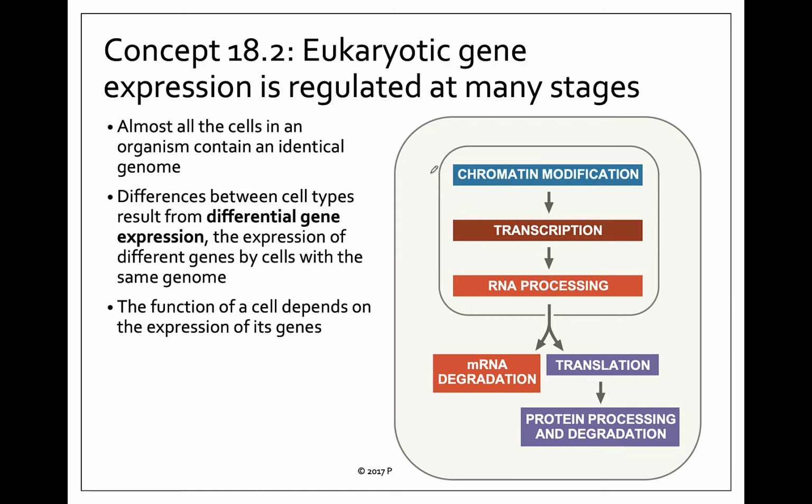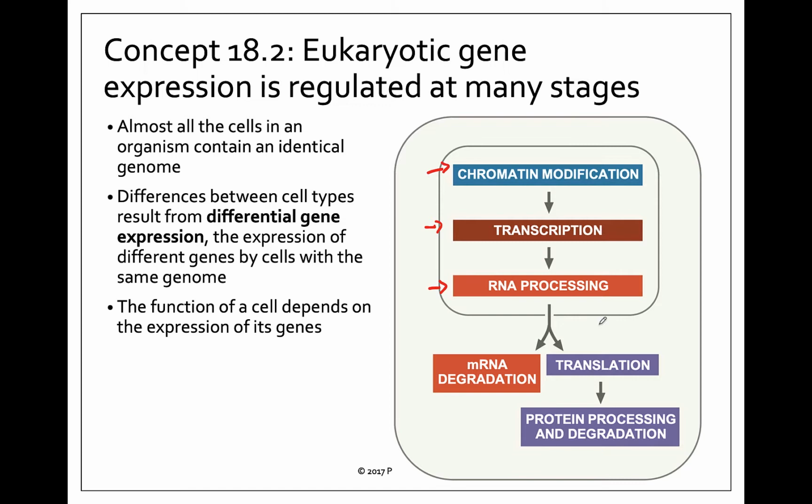So we can do this by modifying the DNA itself, making it either too tight to transcribe or loosening it up so that it can be turned on. We can do this through transcription, choosing which genes get transcribed and which ones do not. If a gene can't be transcribed, it can't be expressed.